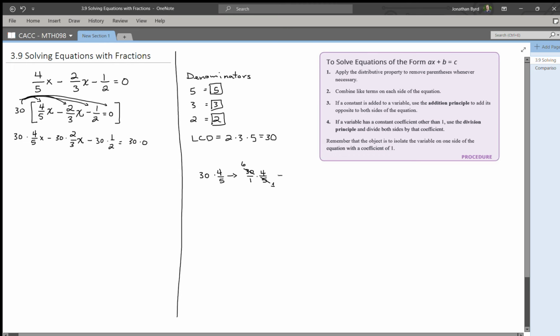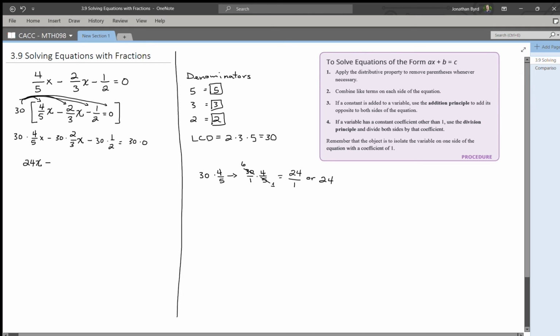So when I multiply across, I get 6 times 4, which is 24, over 1, or just 24. So 30 times 4 over 5x simplifies down to be 24x.